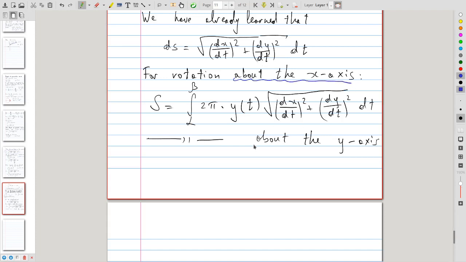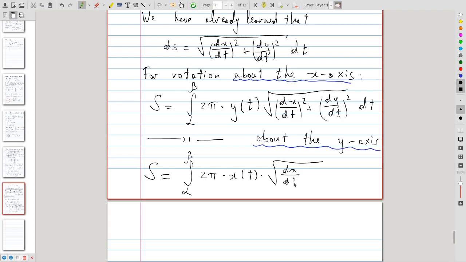And for the rotation about the y-axis, we have that s equals the integral from alpha to beta of 2 pi times x of t times the same expression for the element of arc length. And this is it.